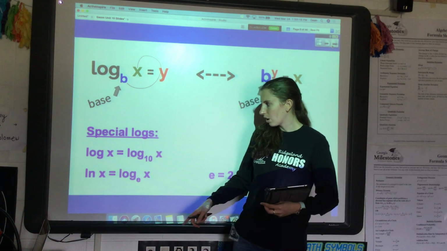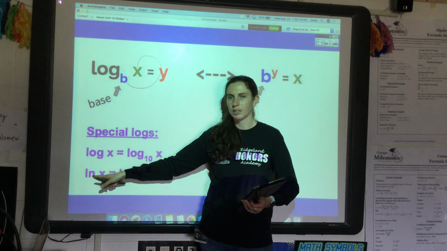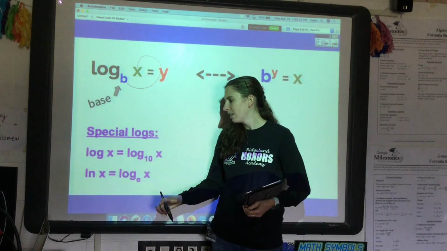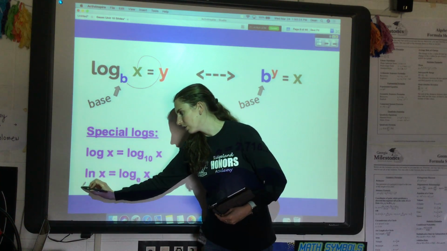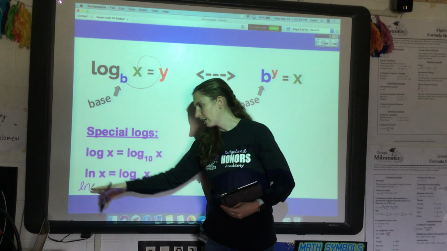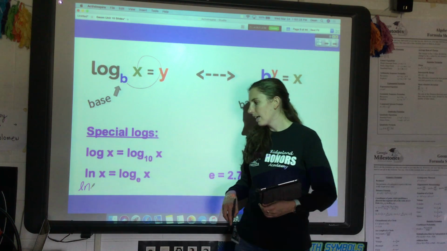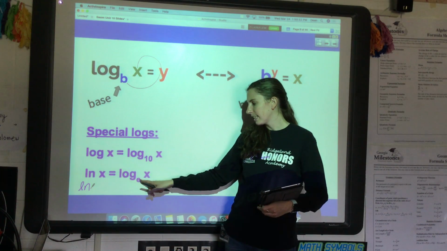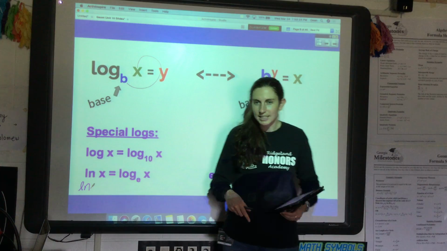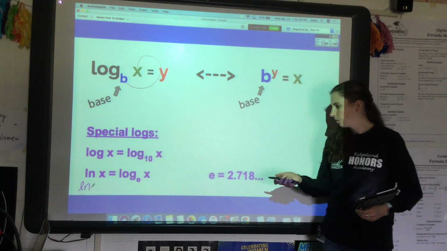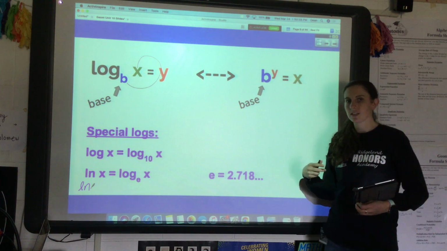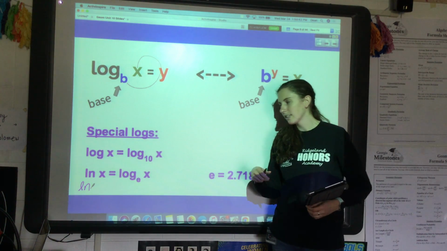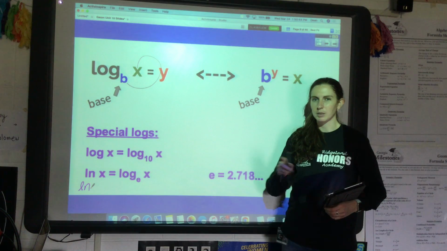Also, there's one that's called natural log. We write LN for natural log. When I write it, I usually write a cursive LN so that it doesn't look like a 1, but LN. This stands for log with a base E. E is actually a number. It's like pi gets its own letter. It's about 2.718 and so on. It is in your calculator, but E is a number that pops up a lot with exponential stuff.